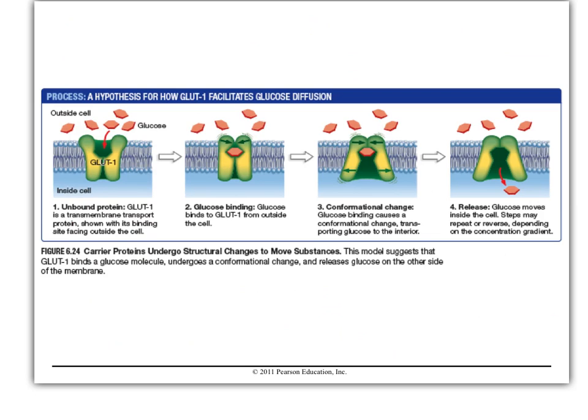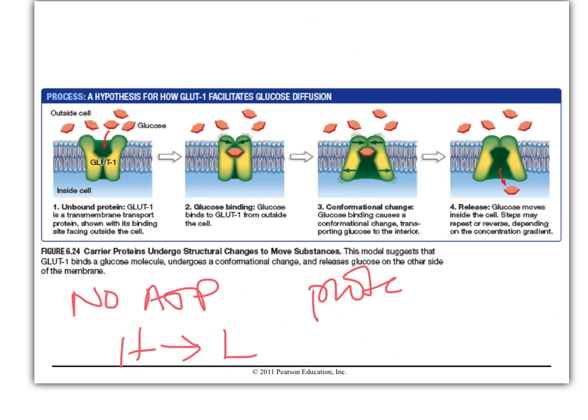That causes this part to squeeze together and this part to open up, and boom, we release some glucose. Okay? High to low, no ATP, uses a protein. What do we call it? Facilitated diffusion.